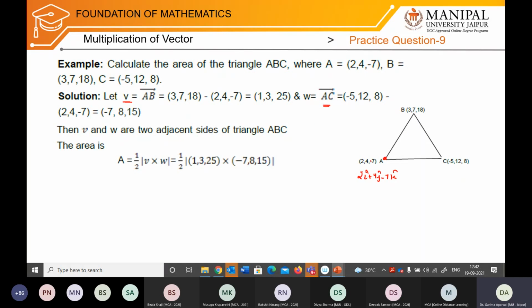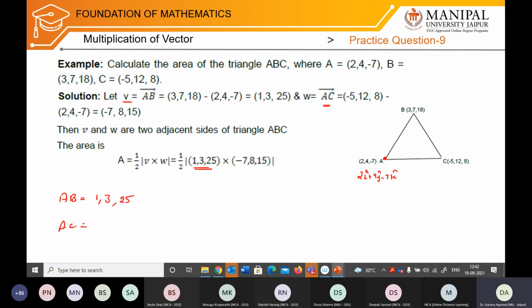So AB and AC, by the distance formula we can find the value of AB, that is 3 minus 2, 1, and 7 minus 4, 3, and 18 minus minus 7, that is 25. So this one is AB.